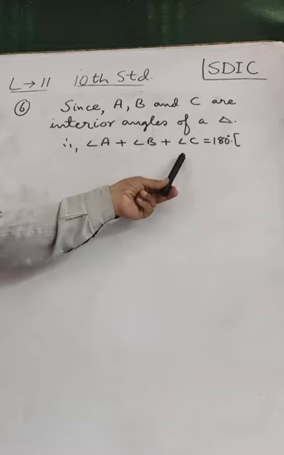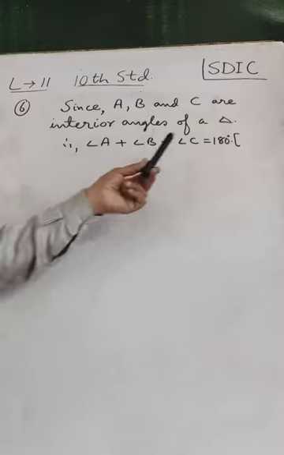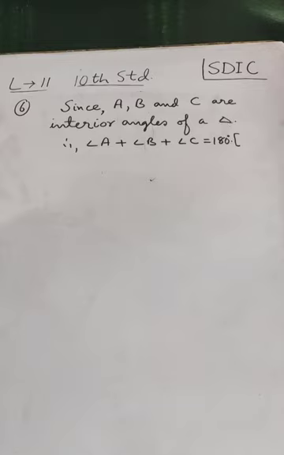Out of these three angles, now we'll have to transpose one. Which one will we transpose? Look at the result to be proved. We have on one side angle B and angle C, and on the other side angle A. So this will help you to understand what to transpose. You have to transpose A because B and C are together on the same side.